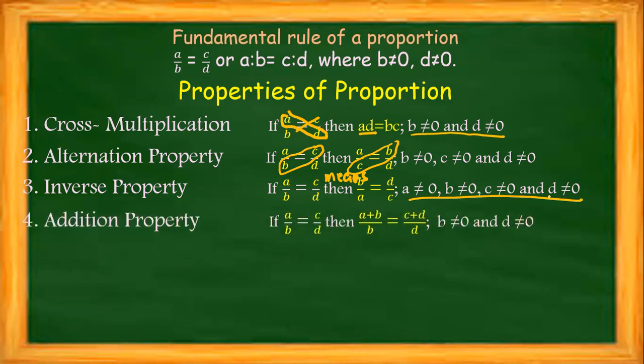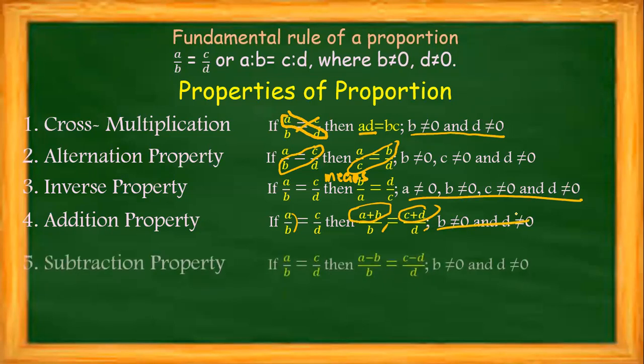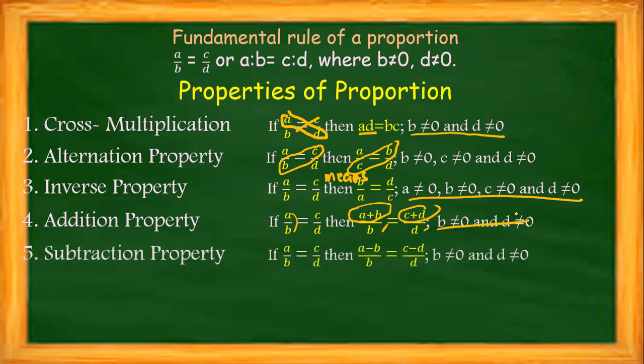In the addition property, we only have to add the numerator and the denominator. So we have A plus B over the denominator B, equals C plus D over denominator D, and both denominators are not equal to 0. Lastly, the subtraction property.